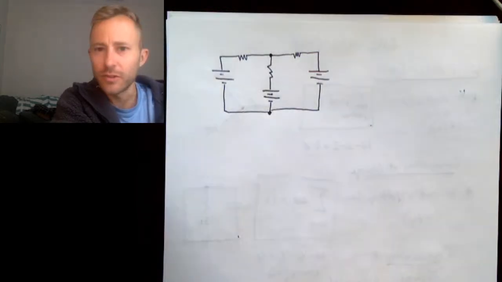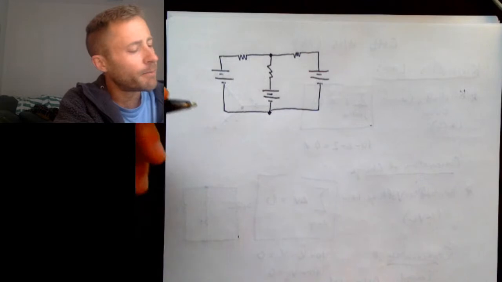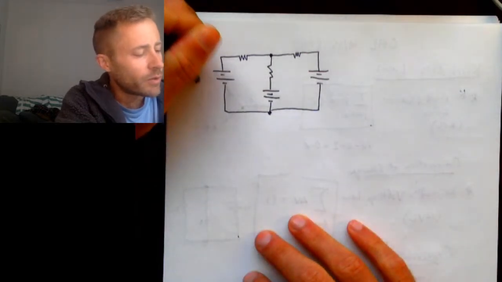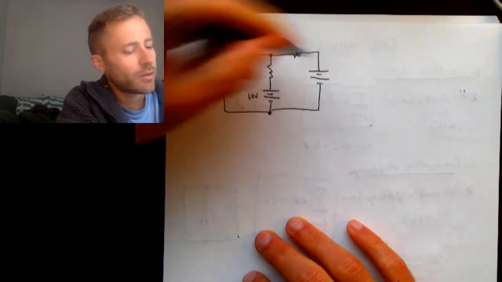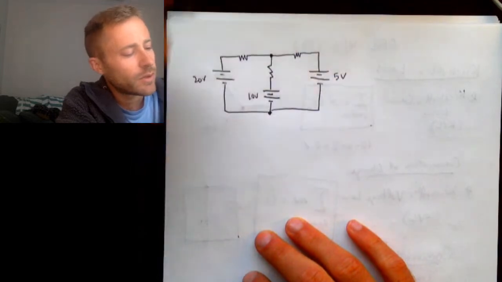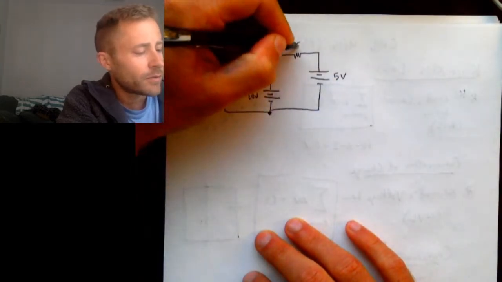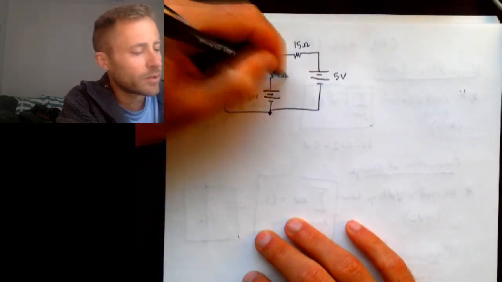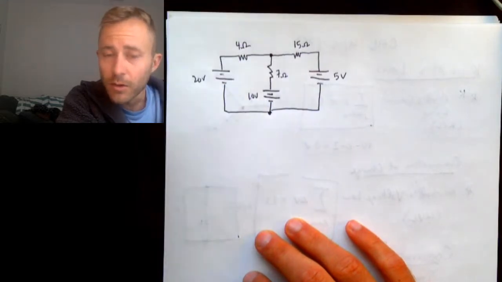All right, so this has 3 batteries and 3 resistors. These batteries are, let's say, 20 volts, 10 volts, and 5 volts. This is 15 ohms, this is 7 ohms, and this is 4 ohms. Okay.